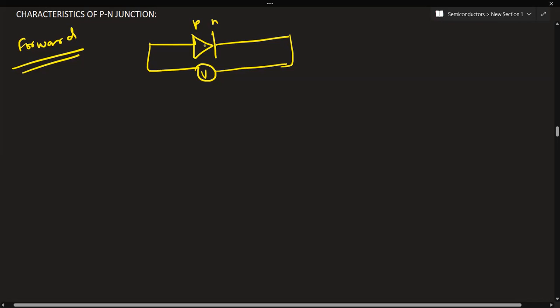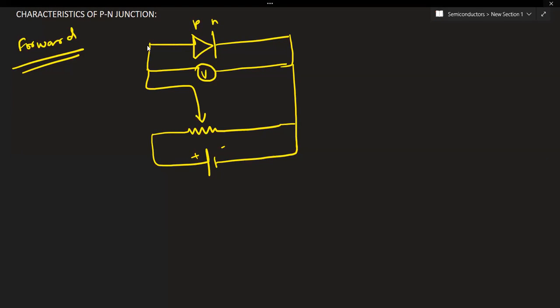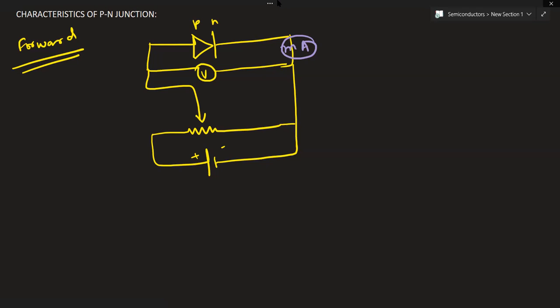A battery is connected across the PN junction diode through a potentiometer or rheostat, and the rheostat is represented through this symbol. This is the battery, with positive and negative parts. One thing you have to remember in forward biasing is that current is measured in milliamperes, so the ammeter will be measuring in milliamperes.